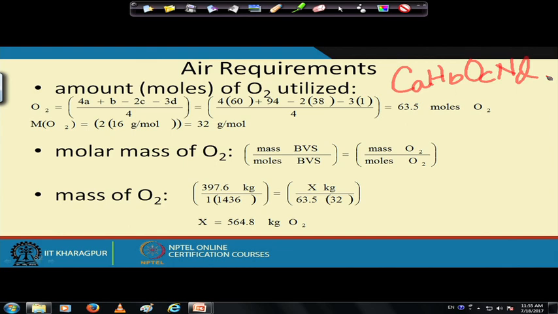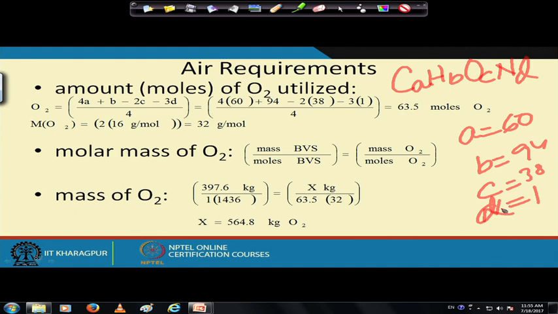From the previous slide, a is 60, b is 94 for hydrogen, c is 38 for oxygen, and d is 1 for nitrogen. So we can plug these numbers in: 60, 94, 38, 1, and you get 63.5 moles. So for 1 mole of this particular material, we need 63.5 moles of oxygen.